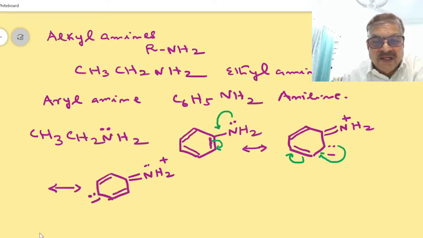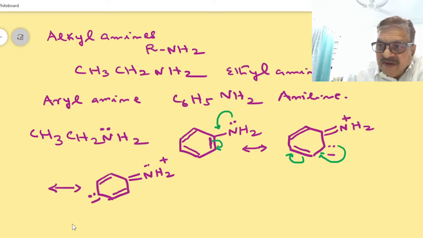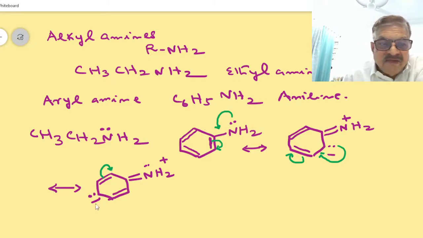Correct. So this is our third structure. So here, this pi electron movement here. Correct. Then this.